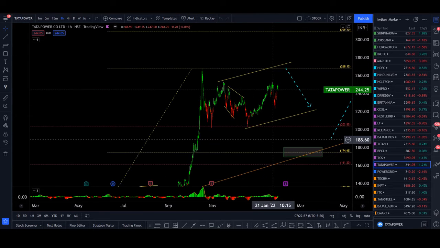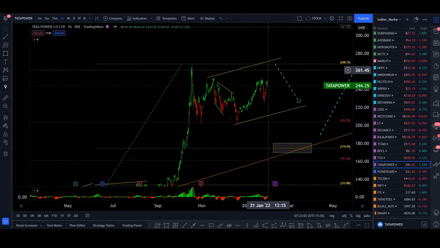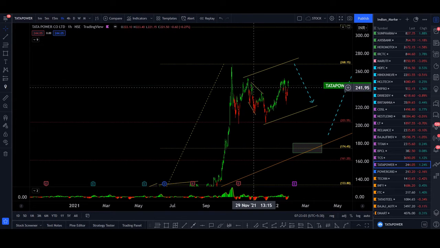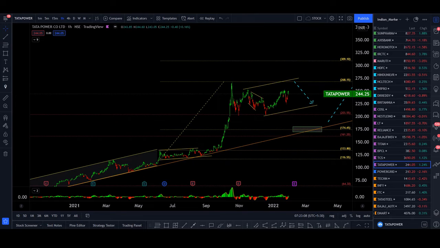Tata Power may be a start of an uptrend as well. I think this pattern can perform in multiple ways, as it just completed an impulse followed by a correction, and we had a nice correction to complete this, but I don't see this as a full correction yet.